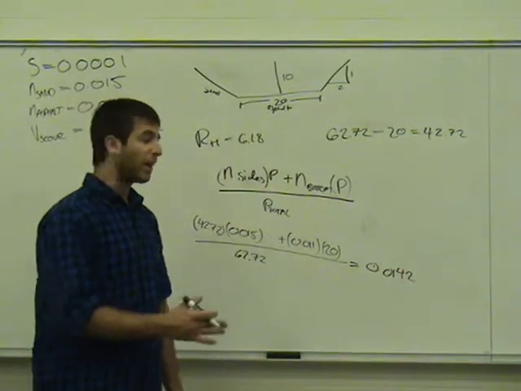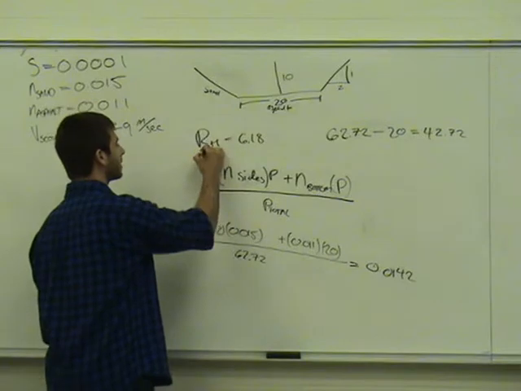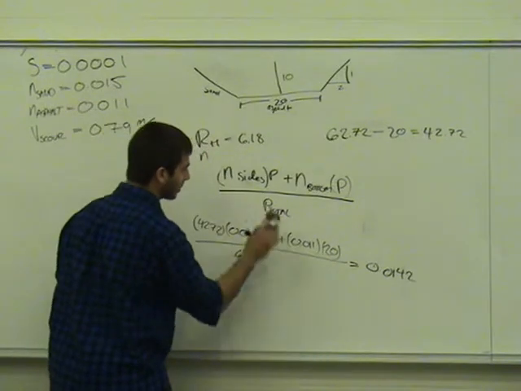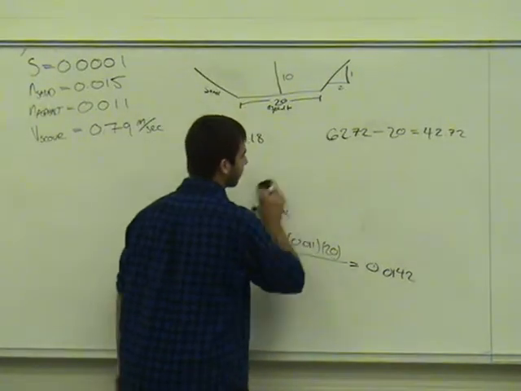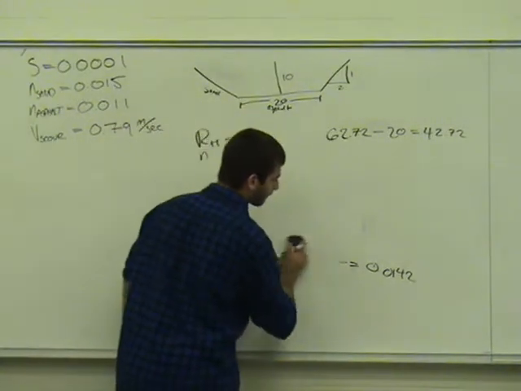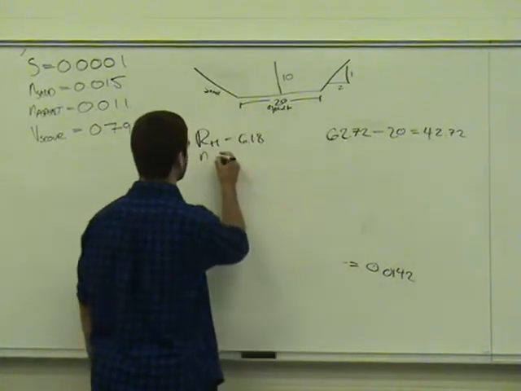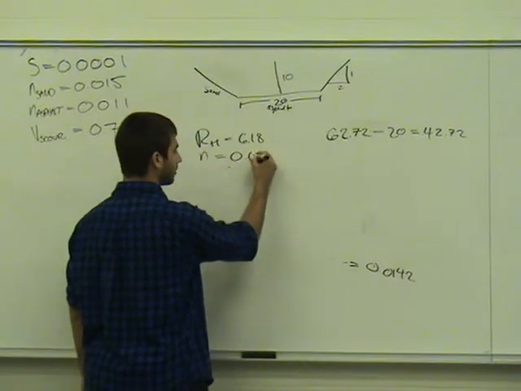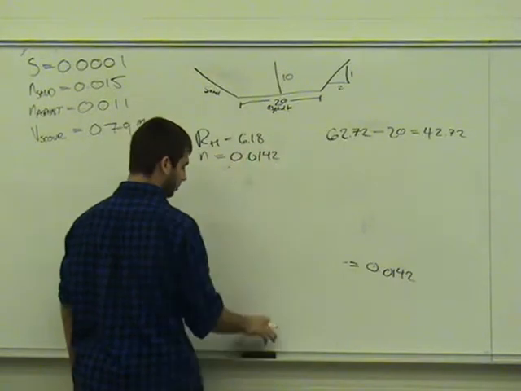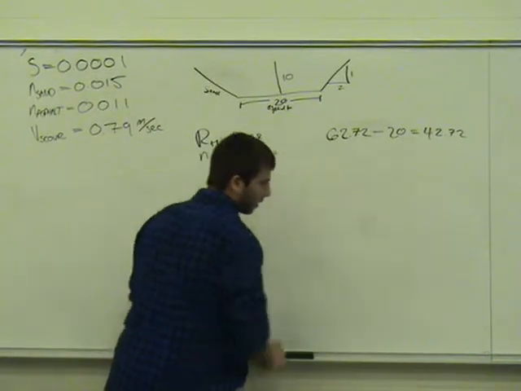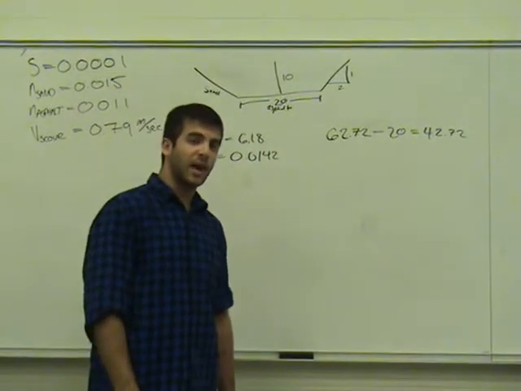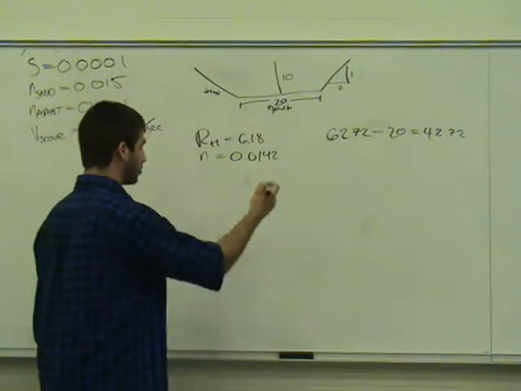Cool. So now we have our Manning's n, we have our hydraulic radius. Make sure you get that down. All right, now we're going to plug all this into our Manning's equation, which you might know already. So we're trying to find the velocity.